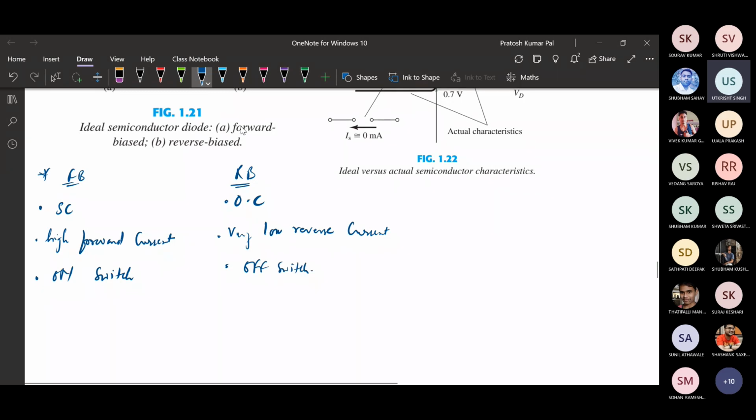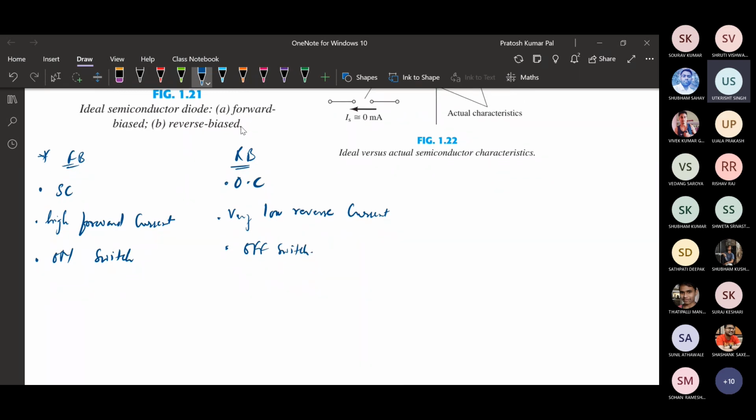If it is an on switch or short circuit case, it will have zero resistance. In open circuit case, it will have infinite resistance.